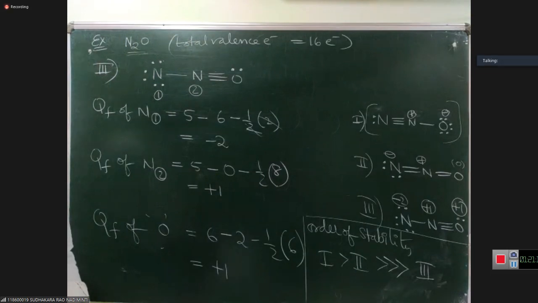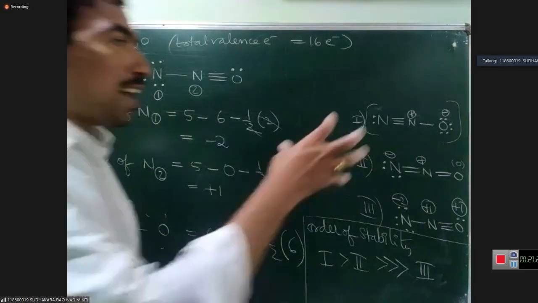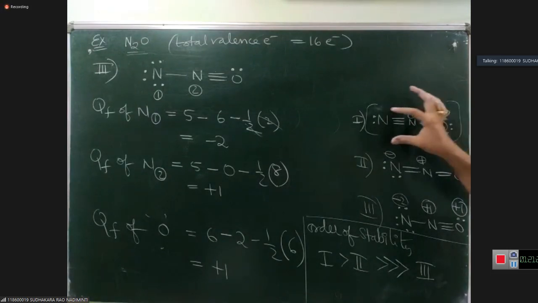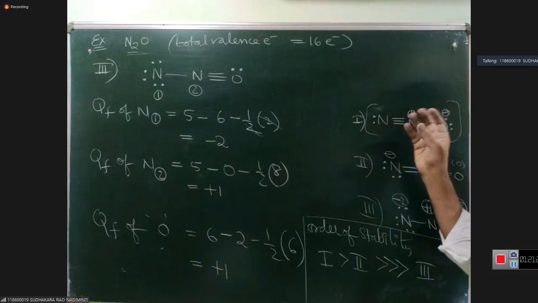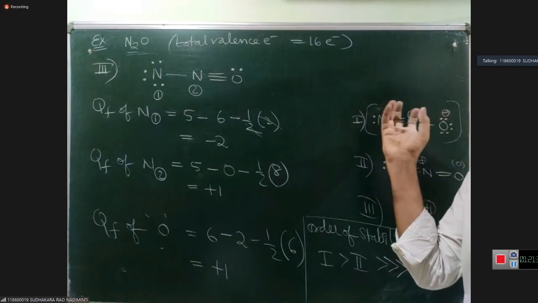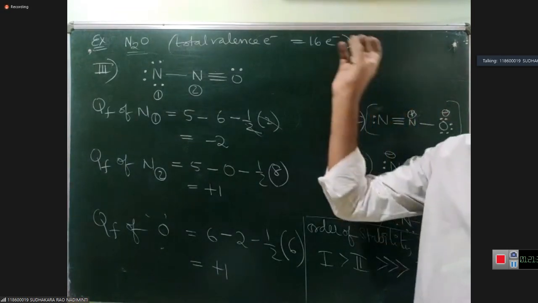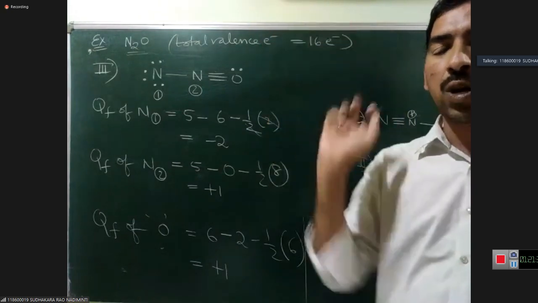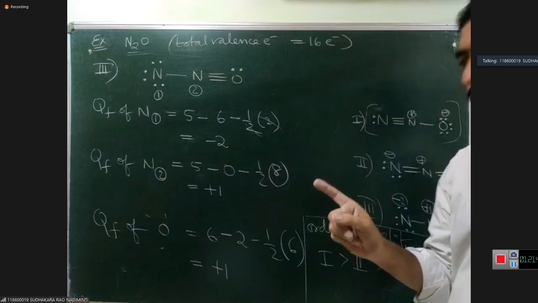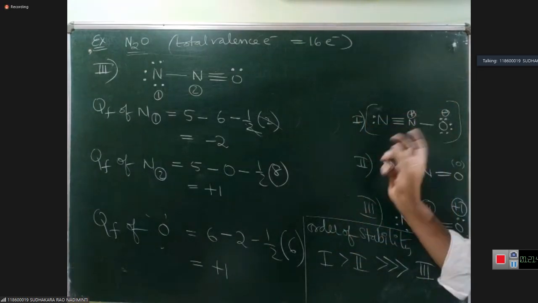So the bond character, triple bond, single bond character appearing in this structure will be contributed. This flavor will be more present in the hybrid structure of N2O. So this structure's contribution will be more to the original structure of N2O. This structure's contribution is a little less compared to this.